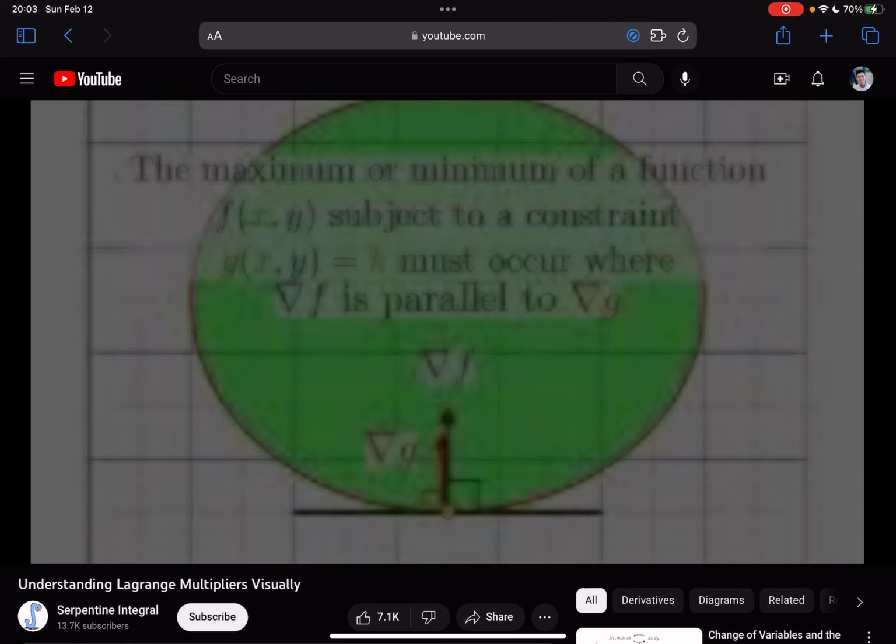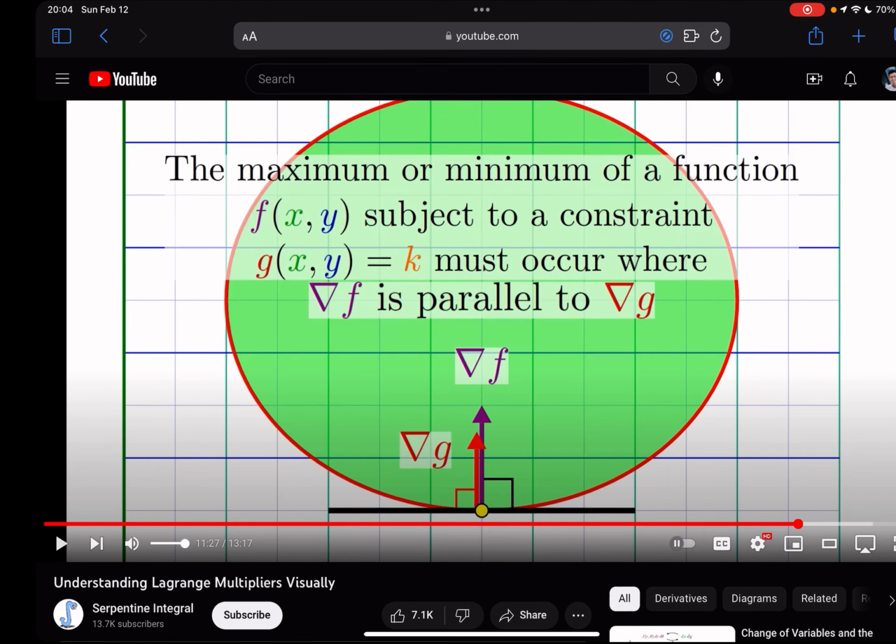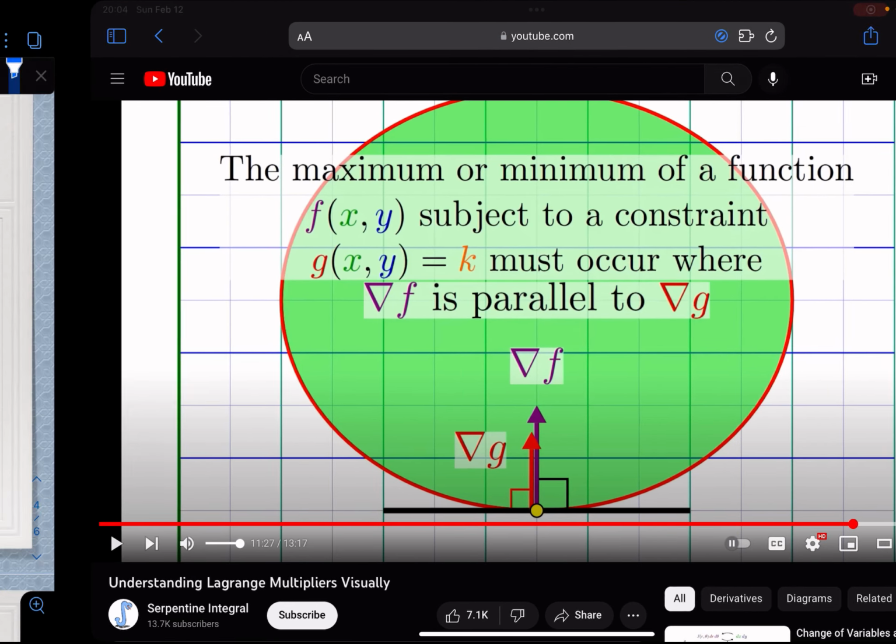But right here, x and y, subject to a constraint: the maximum or minimum of a function subject to a constraint must occur when the gradient of f is parallel to the gradient of g. This is how you can represent the concept of Lagrange multiplier visually. But I would highly encourage you to watch the whole thing. Again, it's a really cool video to watch, and it could help your understanding. But I'm not going to play the whole video here.